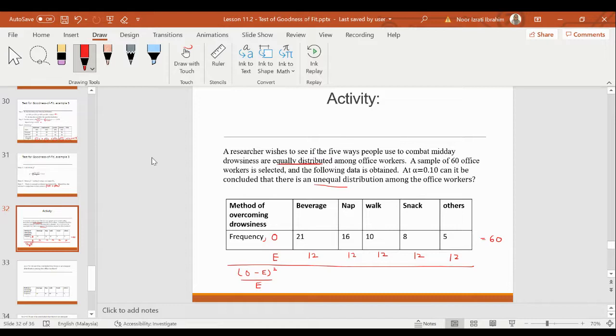21 minus 12, this is 6.75. This is 1.33. This is 0.33.